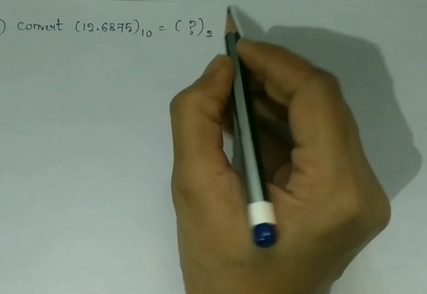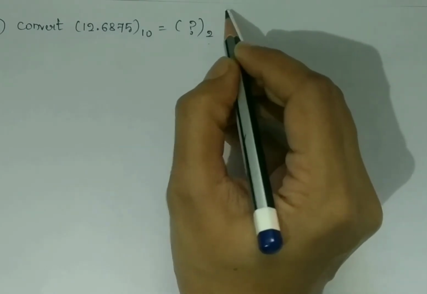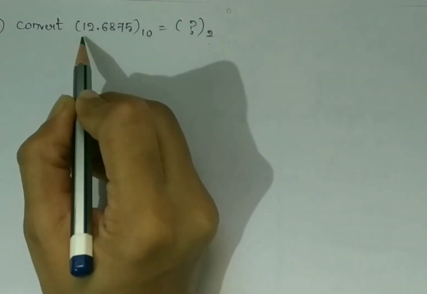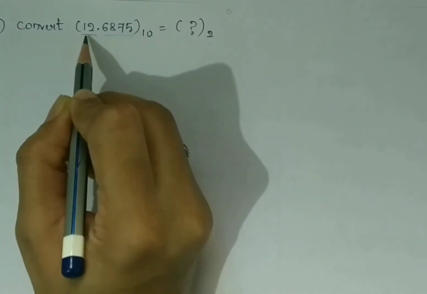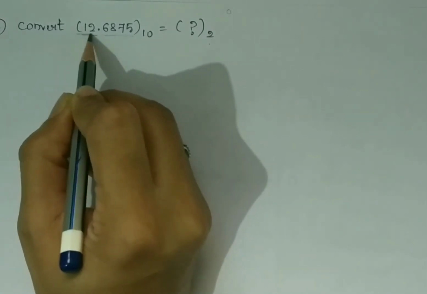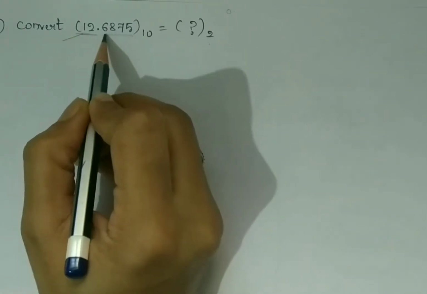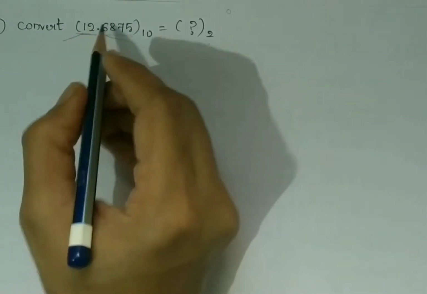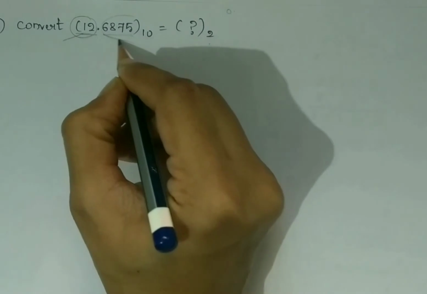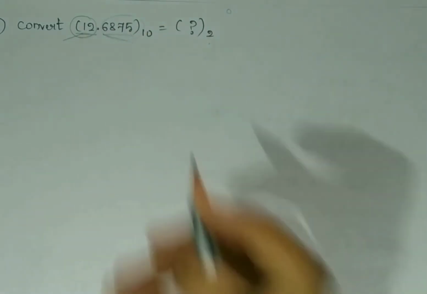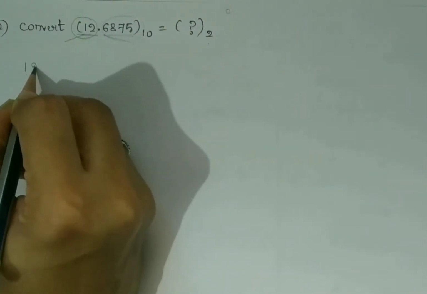In the previous example you had only 0, you did not have any integer number. But in this example you have 12 and here 6875. So separate this integer number and this fractional number. Calculate the integer separately and the fraction separately. So first we will calculate the integer part. We know how to calculate the integer part.